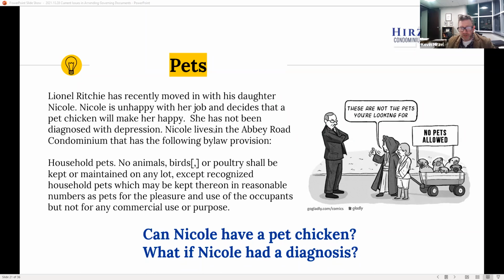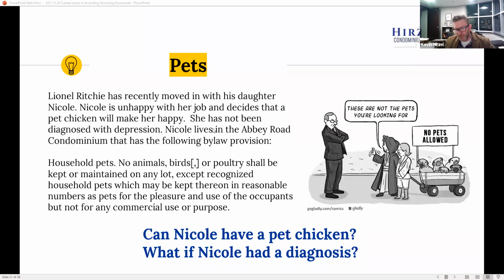One thing that is potentially problematic, though, is what if I were to try and have a Komodo dragon, one of those big Komodo dragons? That in this example is a little tougher to answer, because of the wording "no animals." What I would try to do if I were the owner of the Komodo dragon is claim that it was a recognized household pet.